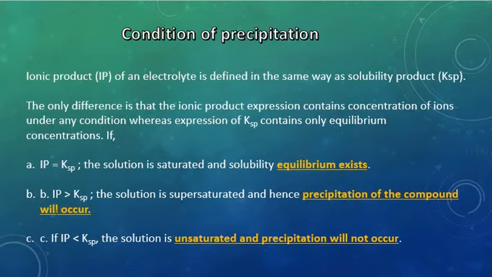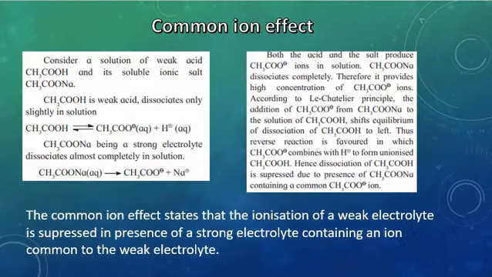If Ip is equal to Ksp, the solution is saturated and equilibrium is established. If Ip is greater than Ksp, precipitation of the compound will occur and the solution is supersaturated. If Ip is less than Ksp, precipitation will not occur and the solution is unsaturated.